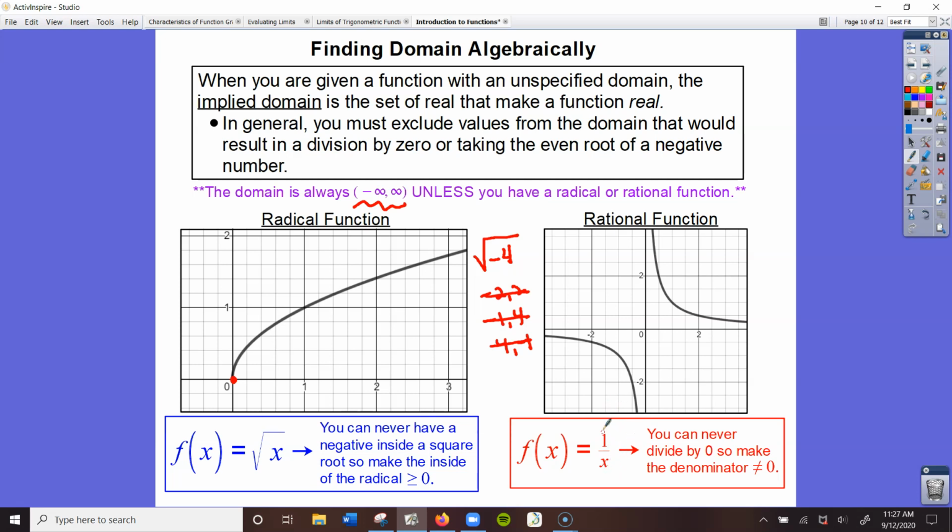So when we're trying to find the domain of a rational function, it's a lot easier to figure out the numbers that we would exclude than the numbers that we would include. And we do that by taking the denominator and making it not equal to 0, which means that the denominator cannot equal 0, and solving for those x values would give me those excluded values.